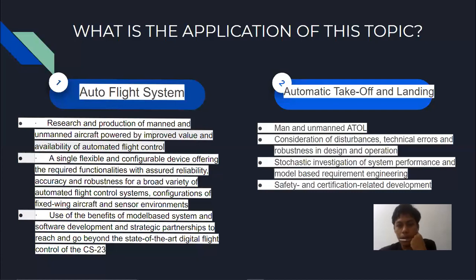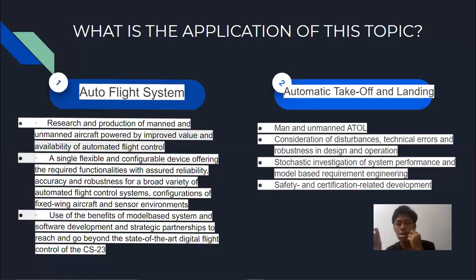And for ATOL, that is automatic takeoff and landing, I'm going to highlight the most difficult flight operating procedure for fixed wing aircraft. Failure or vibration may quickly contribute to irregular ground interaction. So the most crucial part is takeoff and landing.